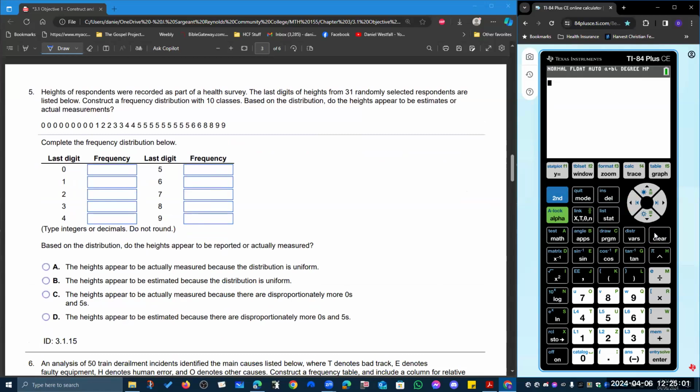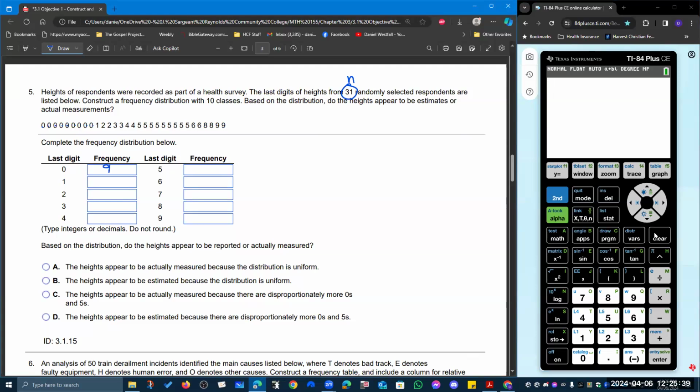All right, now heights of respondents were recorded, and the digit of the height is listed for randomly selected respondents below. Construct a frequency distribution with 10 classes. Based on the distribution, do the heights appear to be estimates or actual measurements? How many zeros do we have? 1, 2, 3, 4, 5, 6, 8, 9.